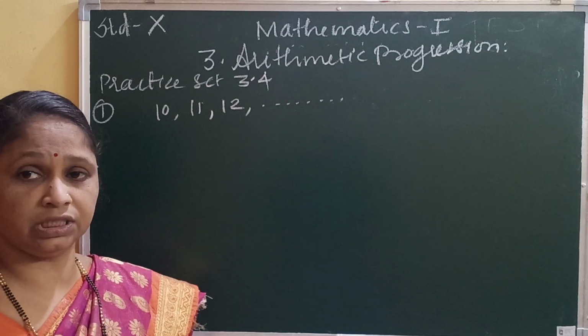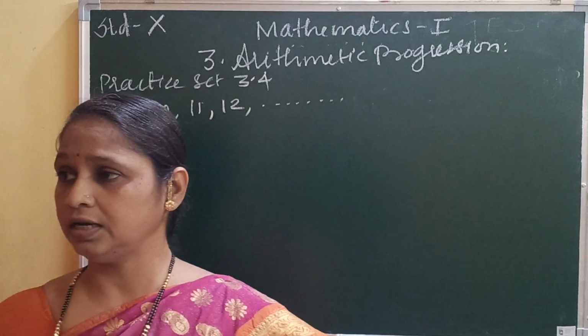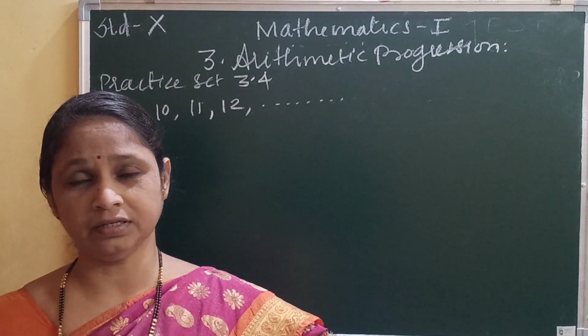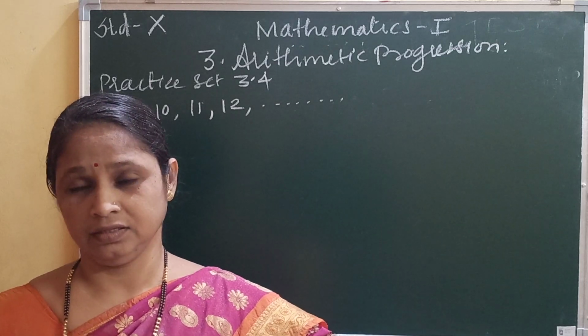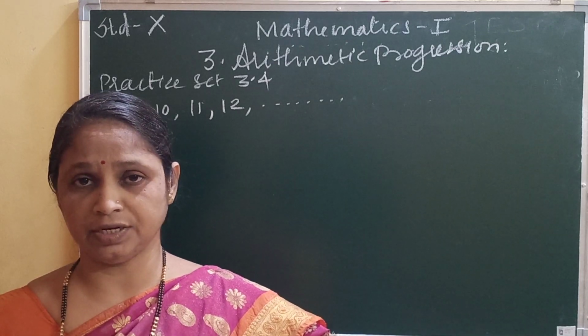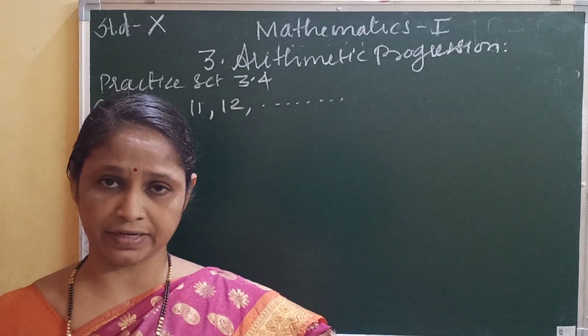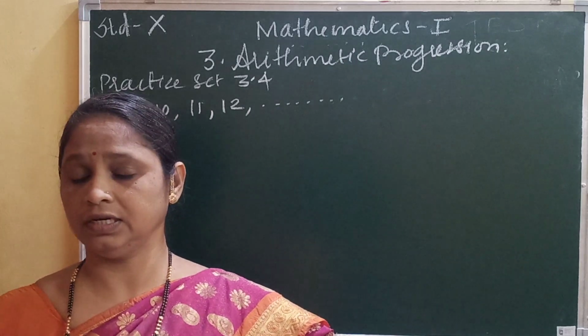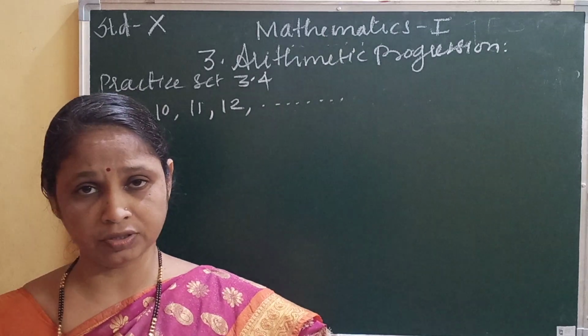Now 2016 means a leap year. A leap year has how many days in a year? 366 days. A normal year has 365 days in a year. So a leap year will have one more day extra.